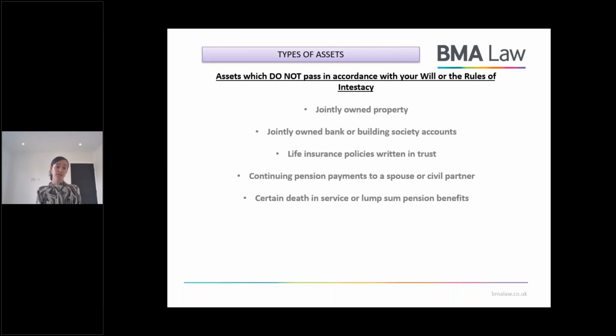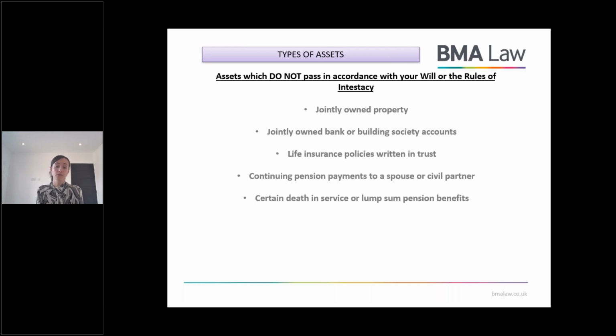We also need to consider life insurance policies, which can be written in trust and therefore fall outside the estate. In broad terms, life insurance policies that a person took out in their life, which are held on trust for others, excluding the policyholder, need to qualify to pass outside the estate and not be subject to inheritance tax.